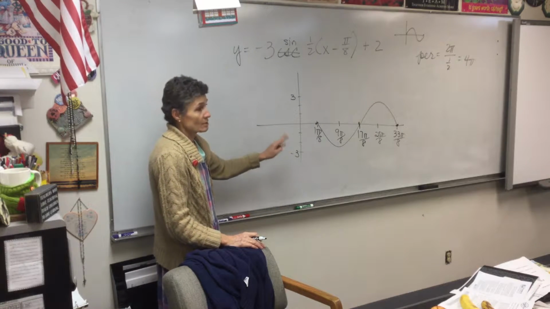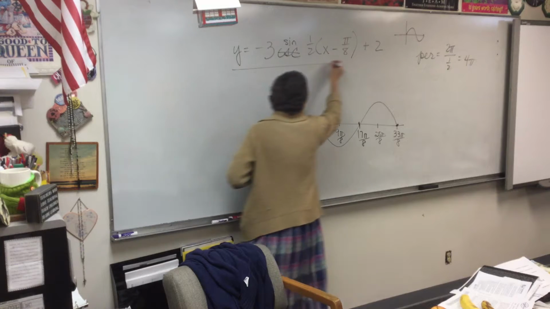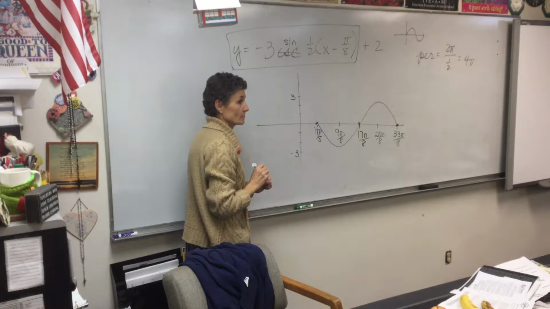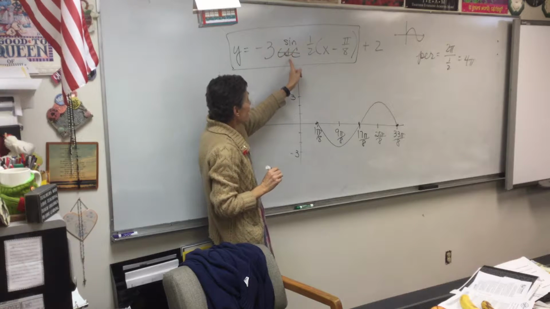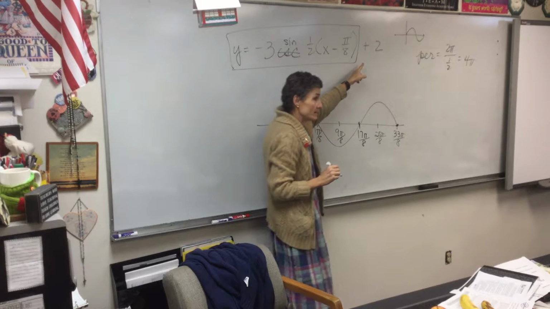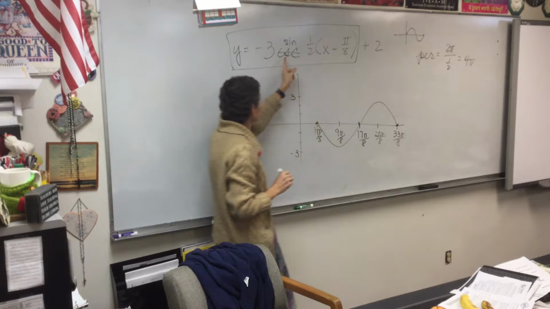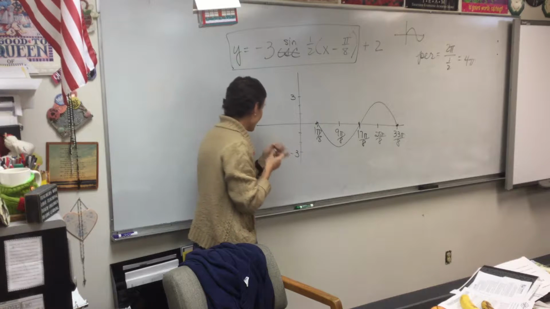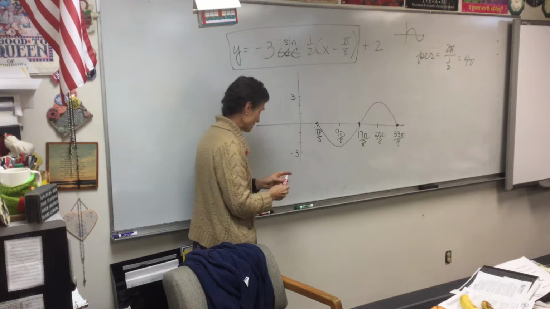Now that is super if this had been the problem. But it wasn't a sine, it was a cosecant. And then I need to deal with that. But first, I need to take care of the cosecant part. To get the cosecant, it's very simple.